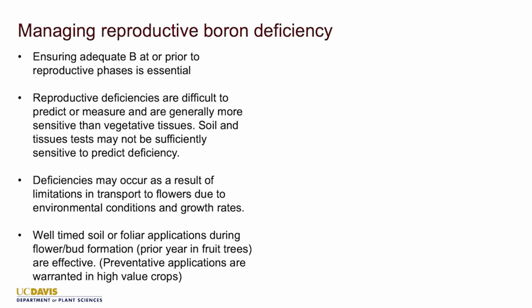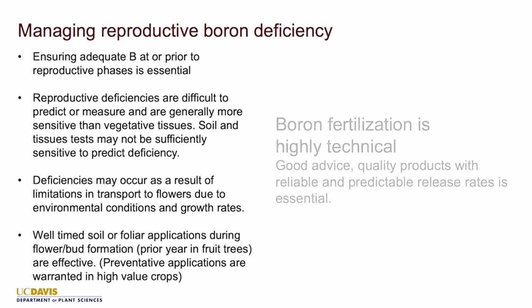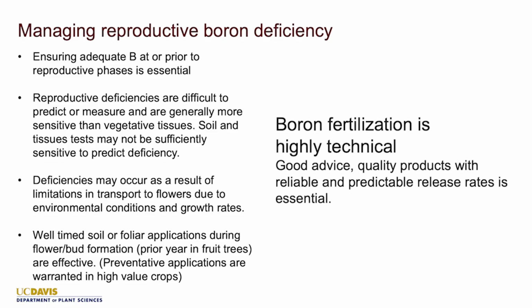And very often, preventative applications to overcome the possibility of a boron deficiency are warranted. That depends a bit on the value of the crop you're dealing with. But again, the same overall take-home message. Boron fertilization is highly technical. You need the advice, and hopefully you need the understanding that comes from this talk to make the decisions that make sense. Quality products, reliable and predictable release rates are the key.